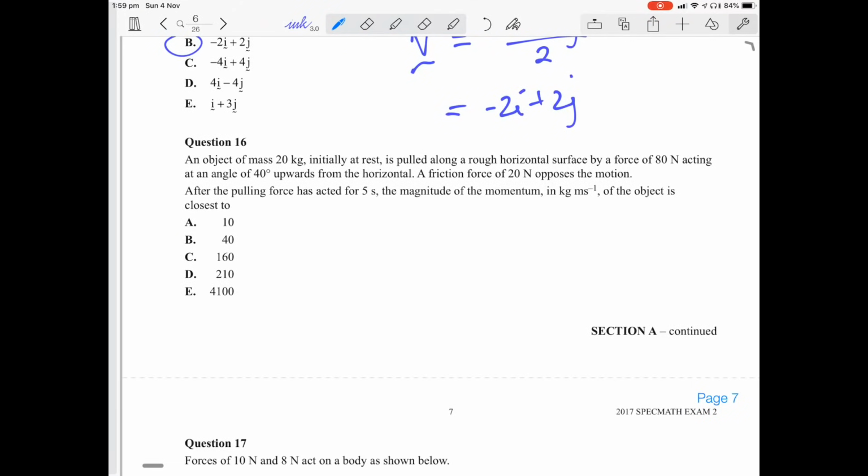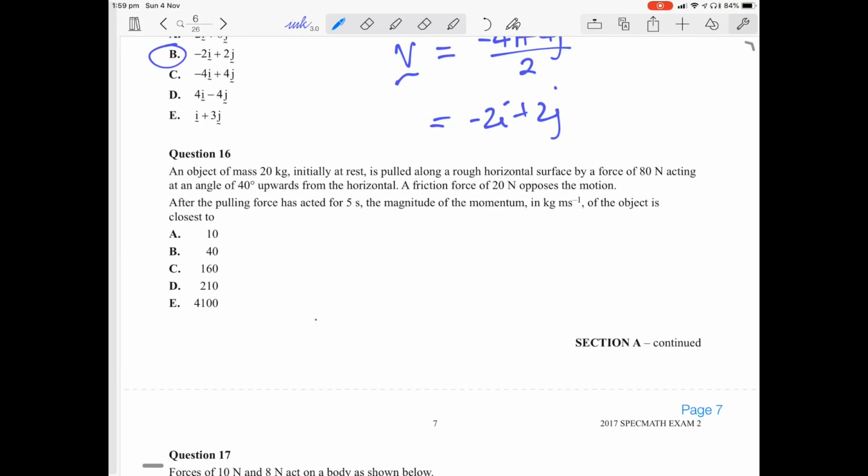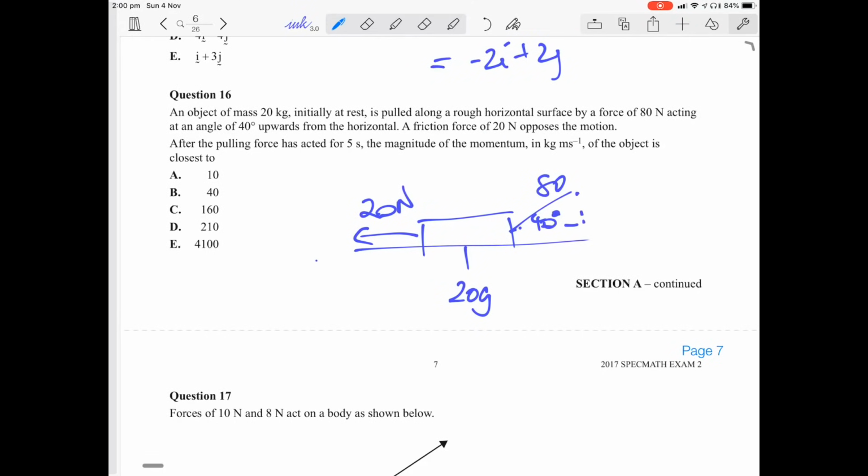Mass pulled along a horizontal force, 80 Newton, at an angle of 40 degrees. So how much was it? 20 kilos, 40 degrees, 80, friction 20, and normal force is 20g.